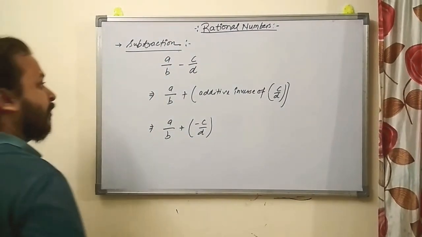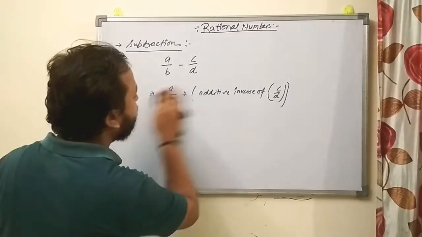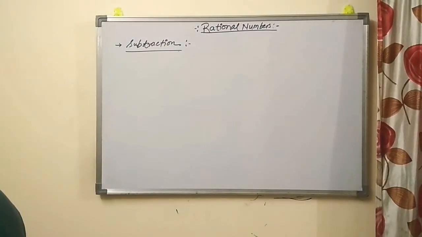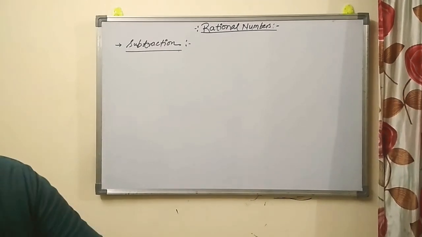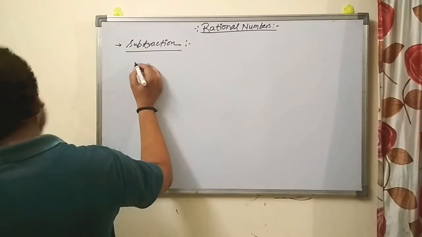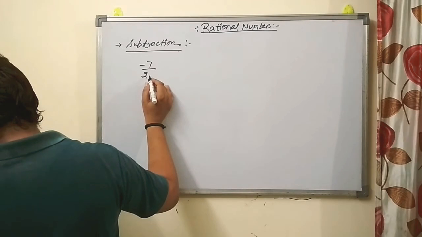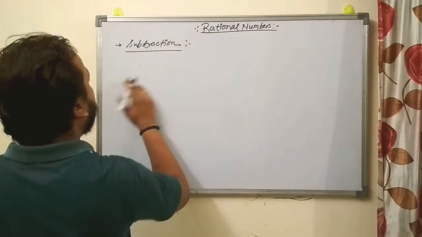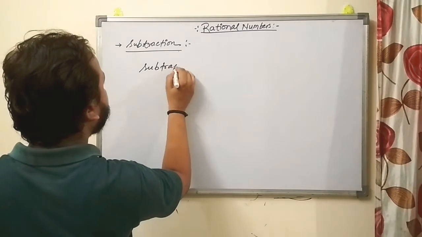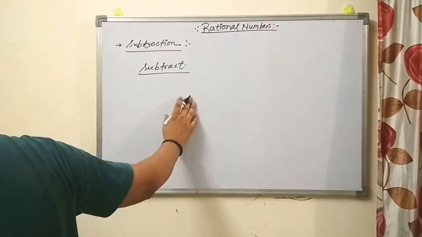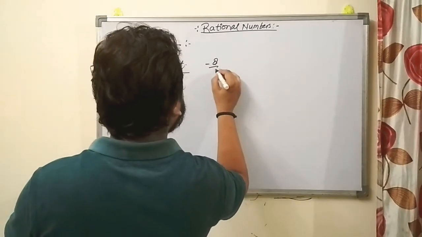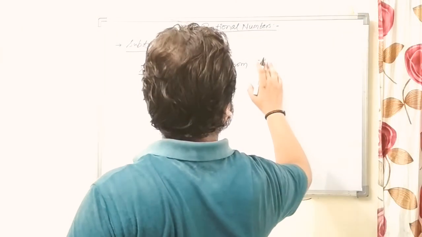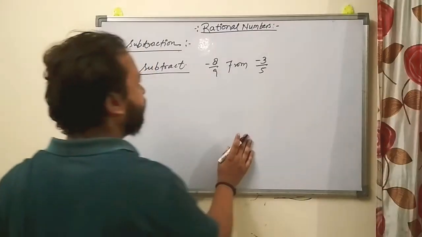So we're going to take an example, right? Suppose a question is given as: subtract minus 8 by 9 from minus 3 by 5, right?